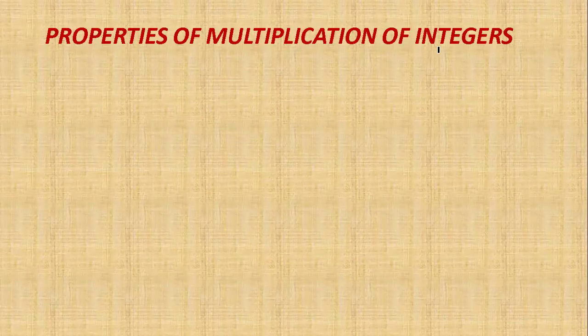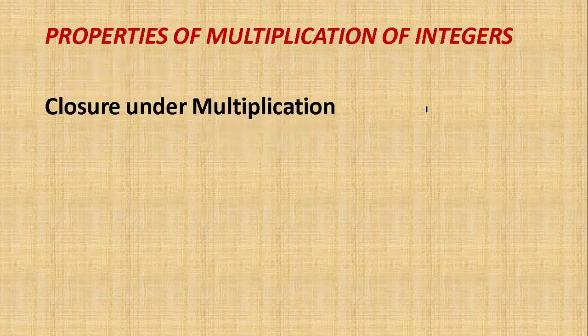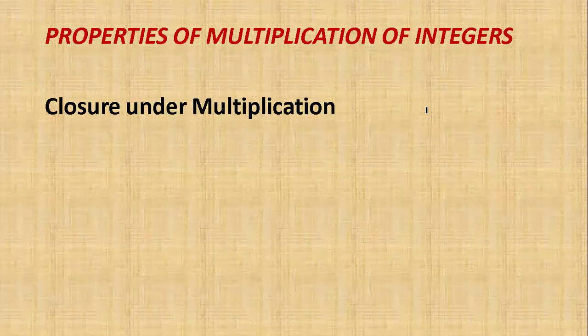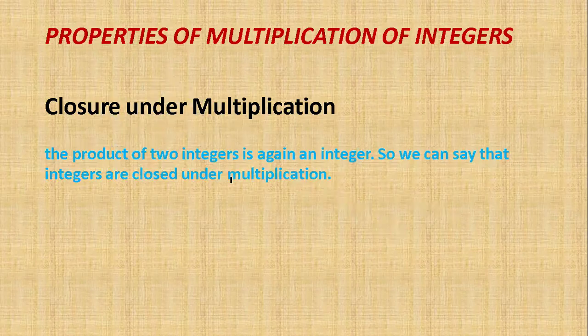Properties of multiplication of integers. Closure under multiplication. This is the closure property. The product of two integers is again an integer. So we can say that integers are closed under multiplication.